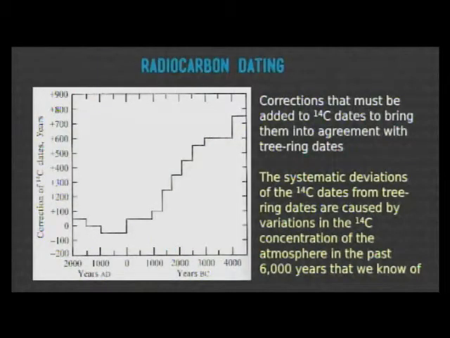In fact, corrections must be added to carbon-14 dates to bring them into agreement with tree ring dates. These systematic deviations of radiocarbon from tree ring dates are caused by variations in the carbon-14 concentration in the atmosphere in the past 6,000 years that we know of.